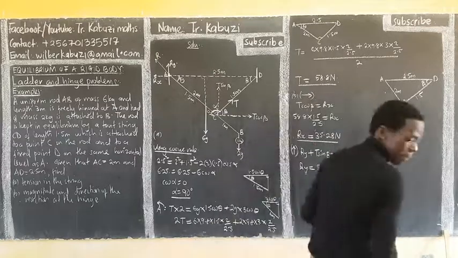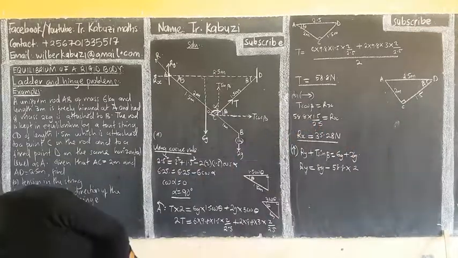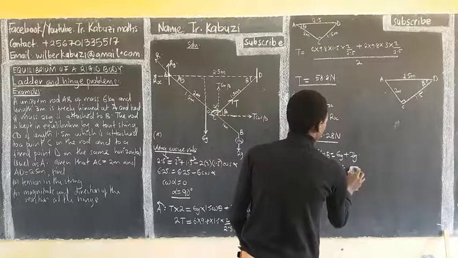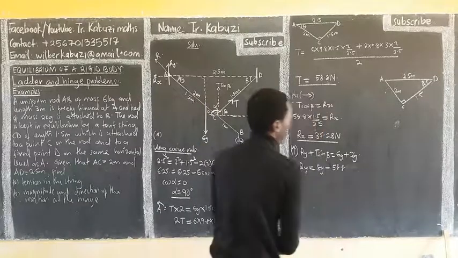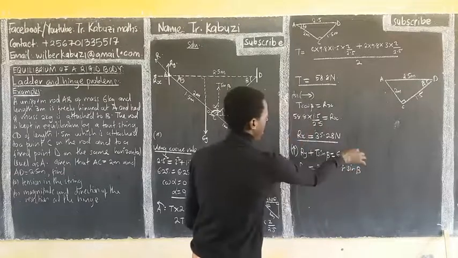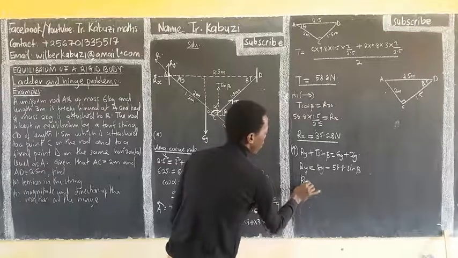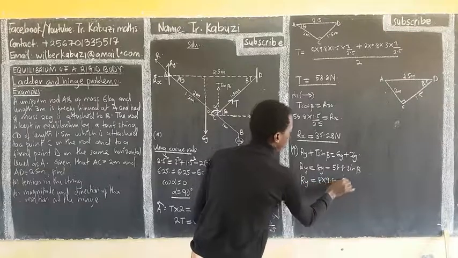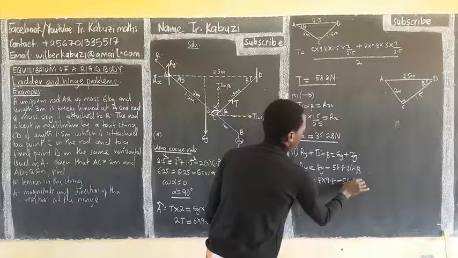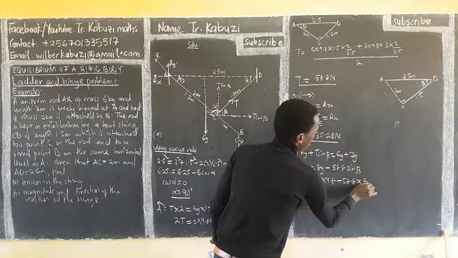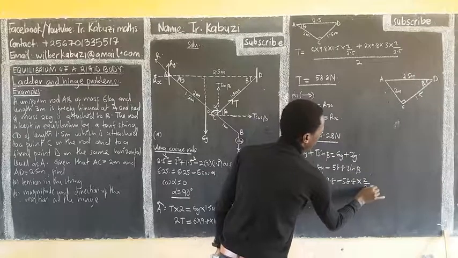Okay, let me take it slow. And I just put here sine beta. So our Ry is 8 times 9.8 minus 58.8 times our sine beta, opposite over hypotenuse, 2.5.